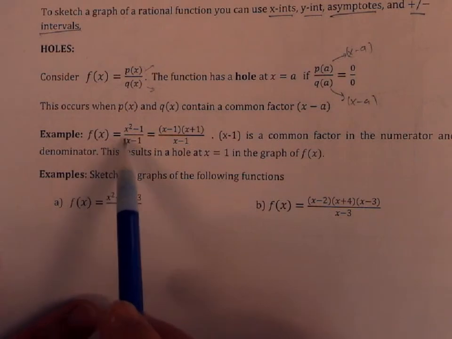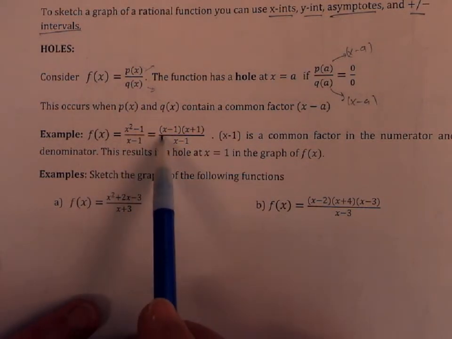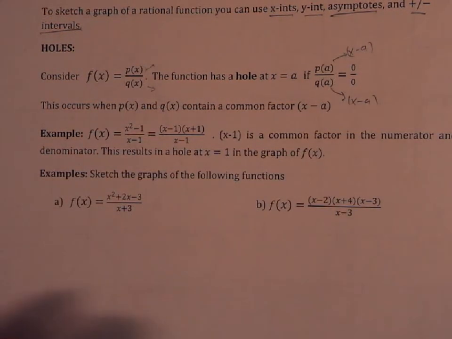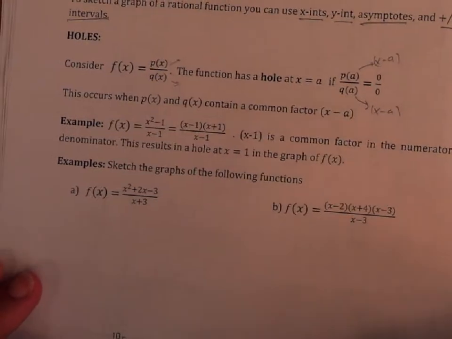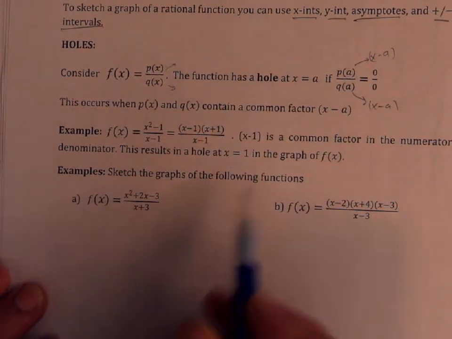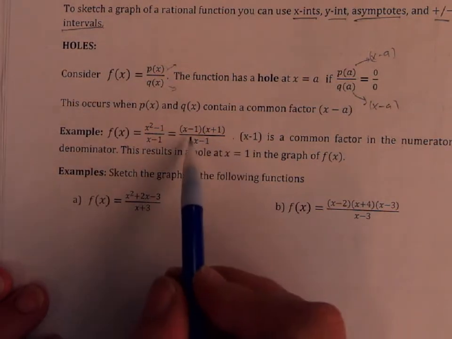You have f of x equals x squared minus 1 over x minus 1. So you factor this. Give me a second, please. Now after you factor this, what do you see?